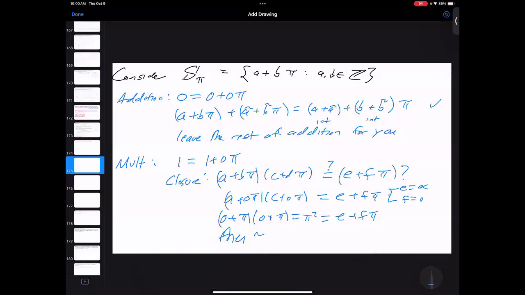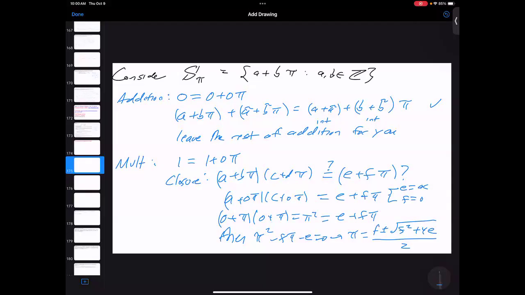So you get pi squared minus F pi minus E equals 0. Therefore, pi equals F plus or minus the square root of F squared plus 4E all over 2. And what you would have now is pi is a quadratic irrational.